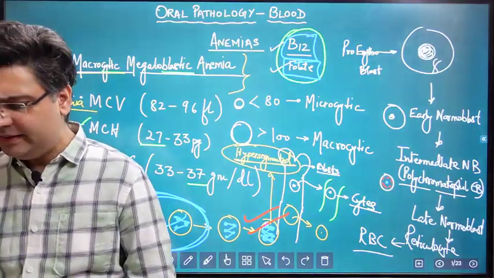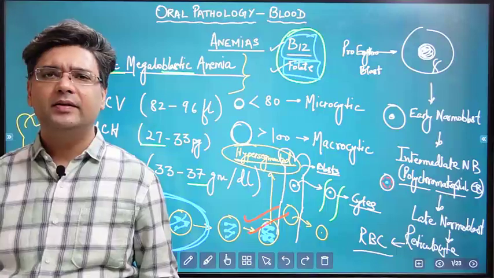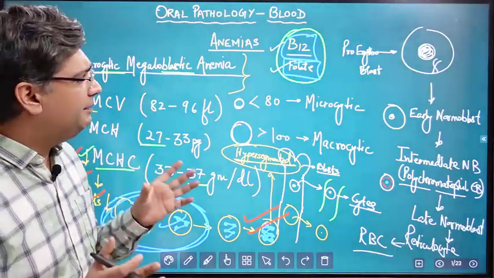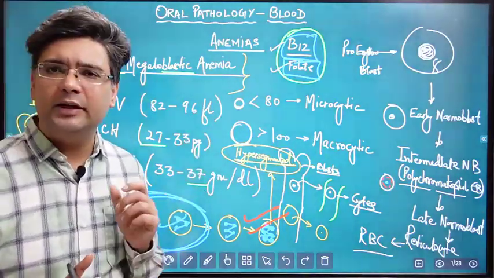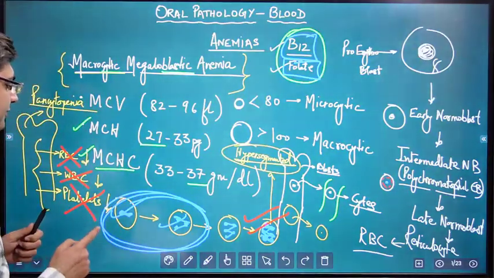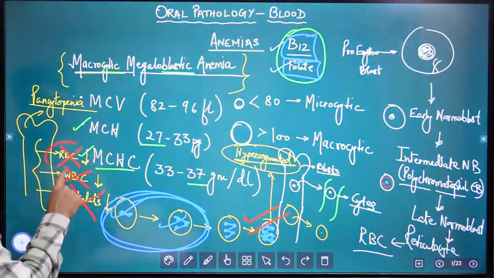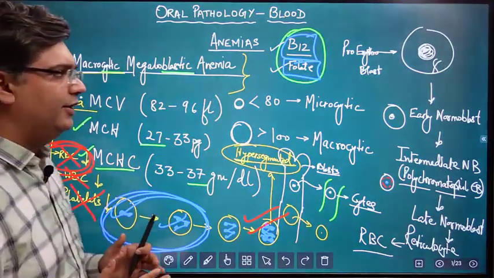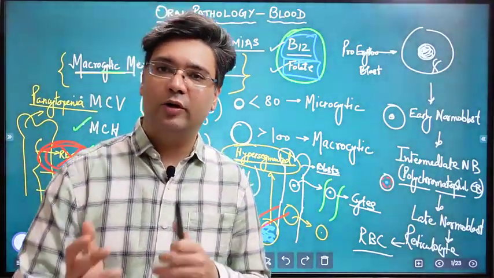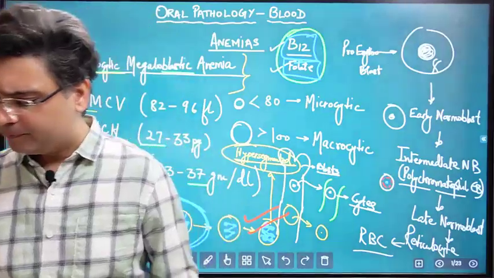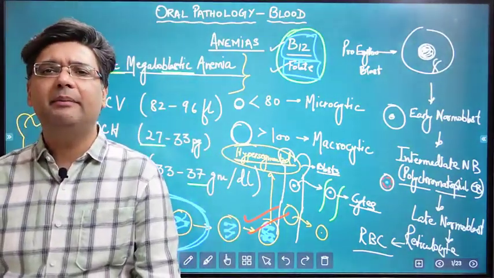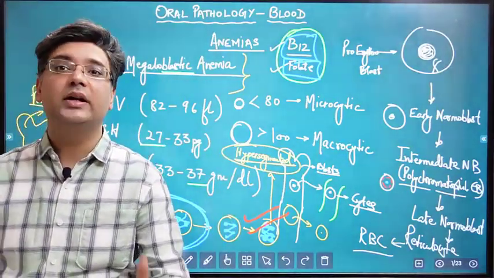Now what happens, as I was telling you, is that rapidly dividing cells would require B12 and folate, and this is why the RBCs here are requiring B12 and the RBCs are also requiring the folate as well. Now there are some other rapidly dividing cells also in our body.